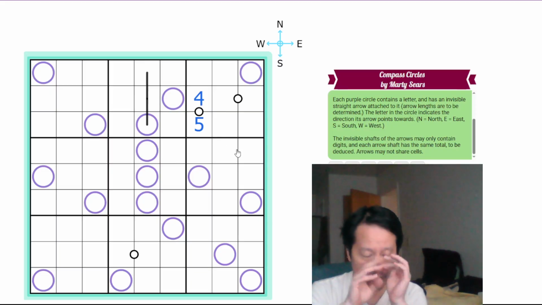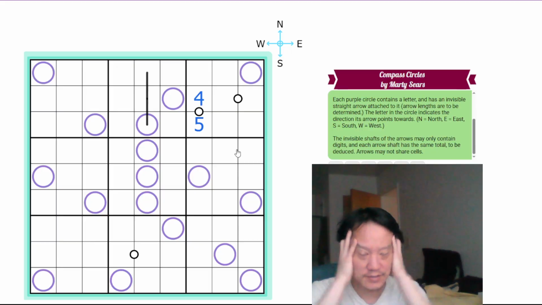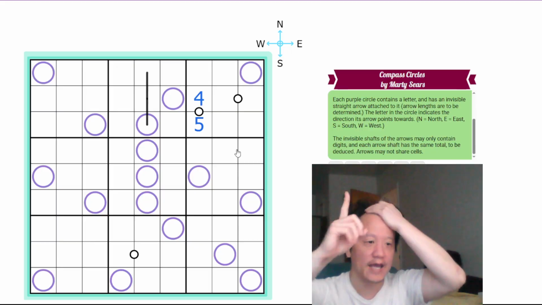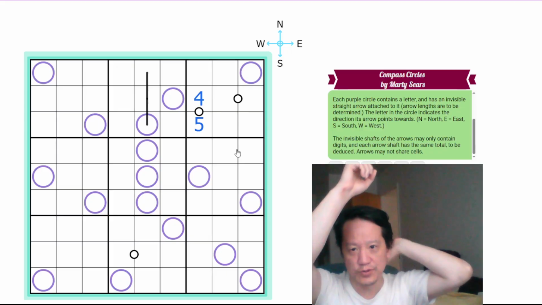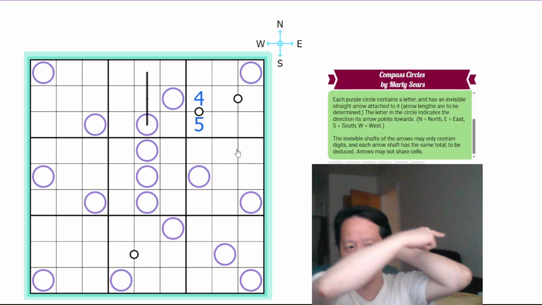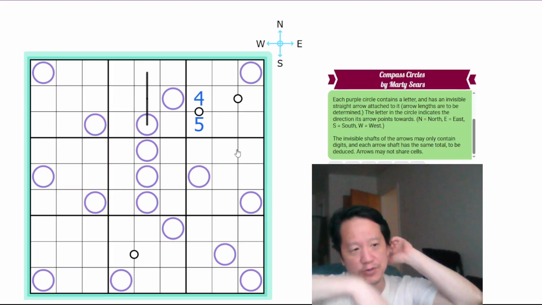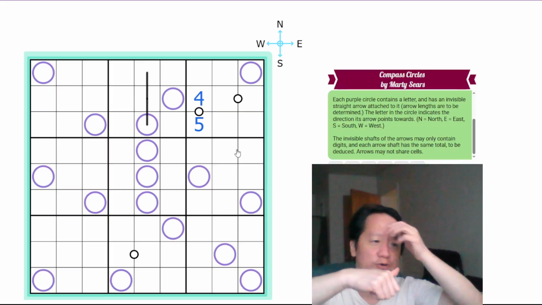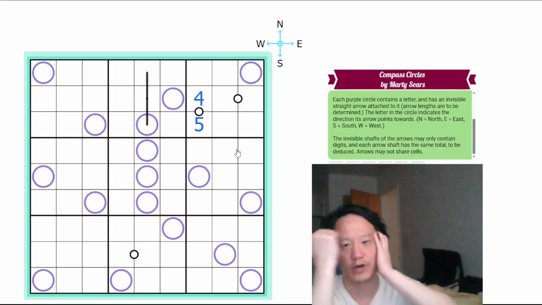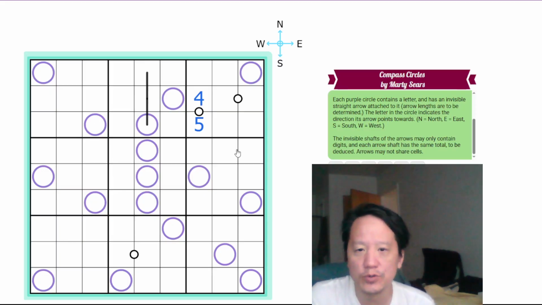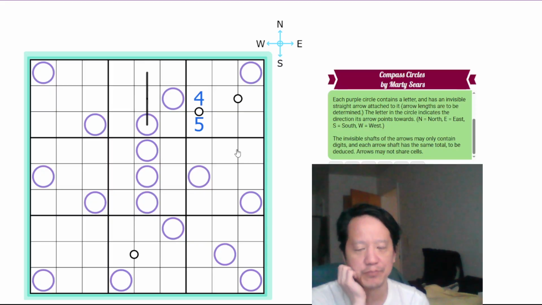We do know that if it's N, the arrow points north. If it's E, the arrow points east. If it's S, the arrow points south. And W, the arrow points west. So the letter that the circle has is the direction of the arrow.